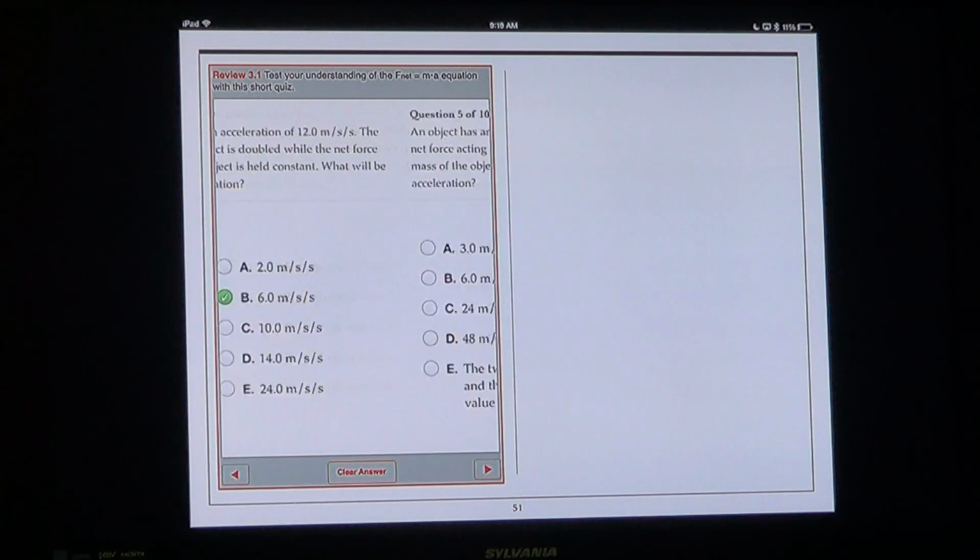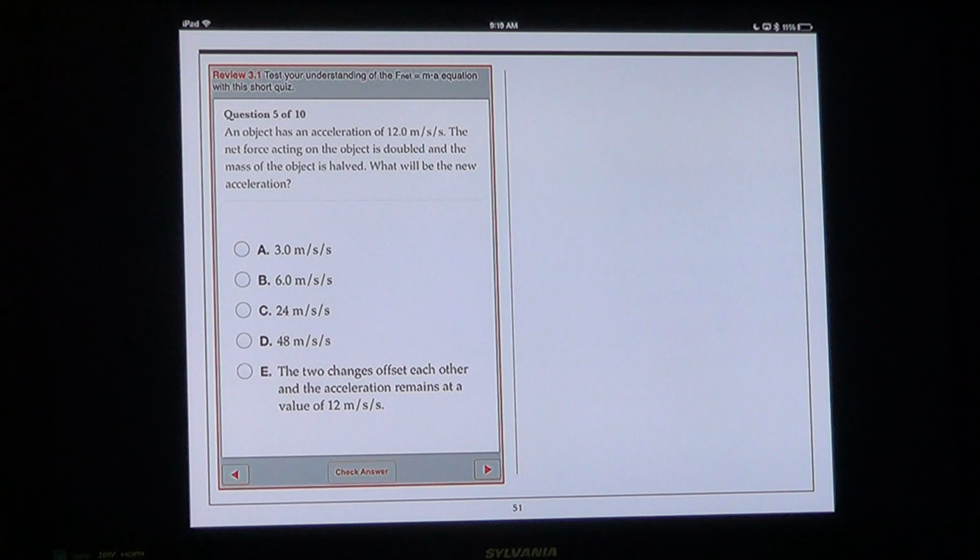acceleration. Good. An object has an acceleration of 12, the net force is doubled, and the mass is halved. What will be the new acceleration?